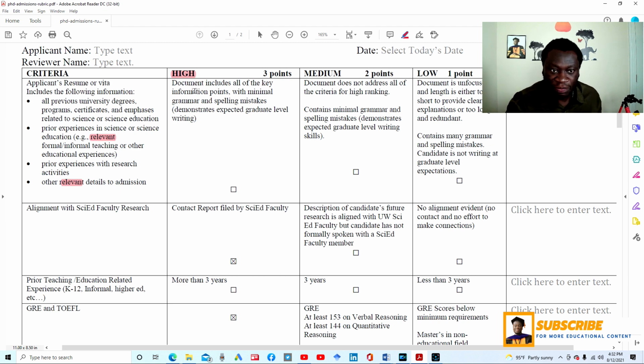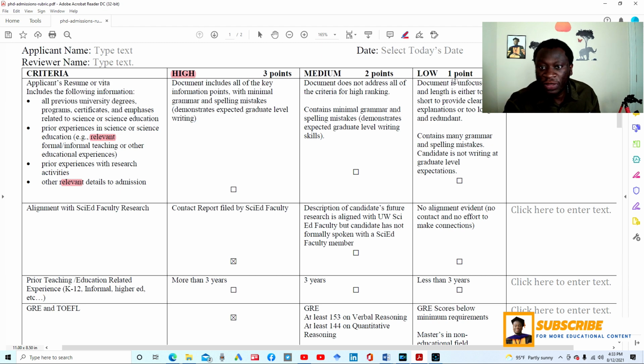So you get a high score on that. And for medium, if it contains minimal grammar or spelling mistakes, then you'll probably be on medium. You lose a whole 1 point there. And if the document does not contain any of these criteria, then you get medium.